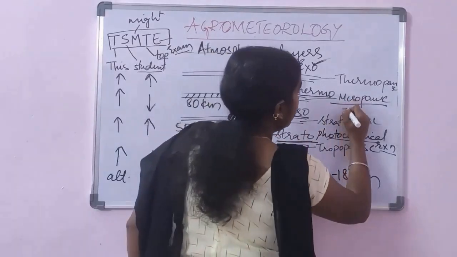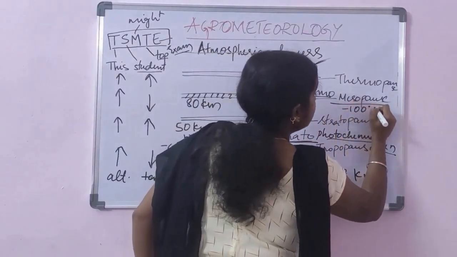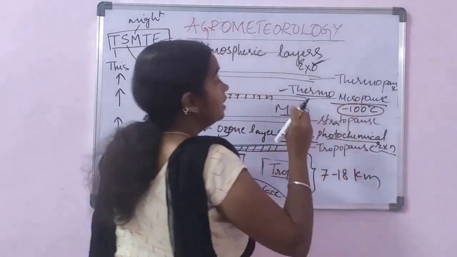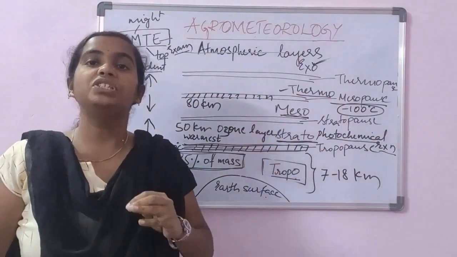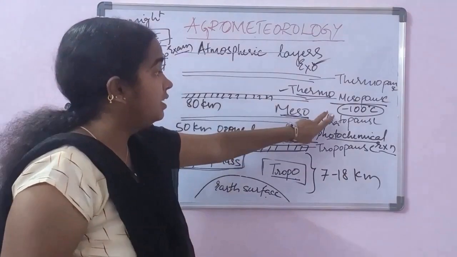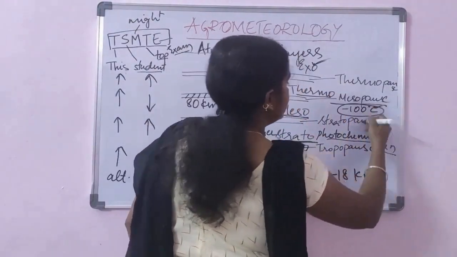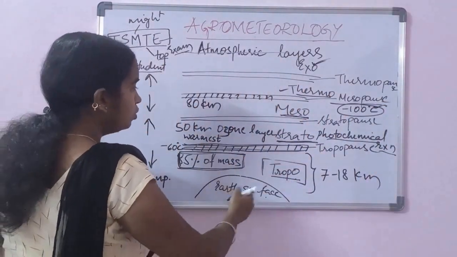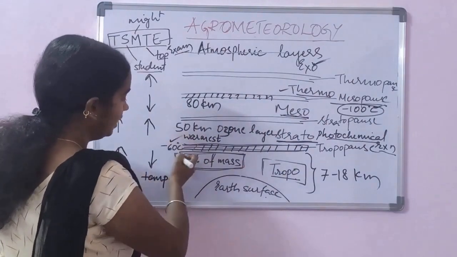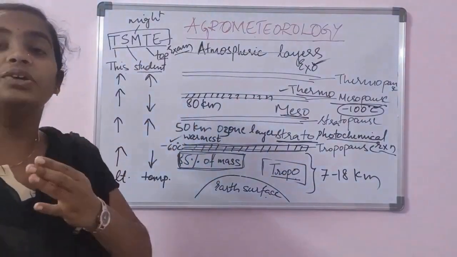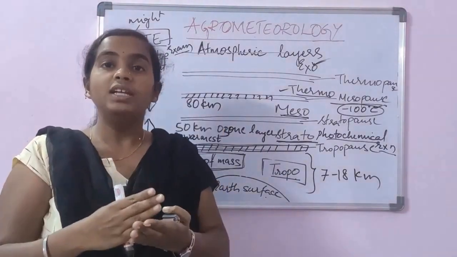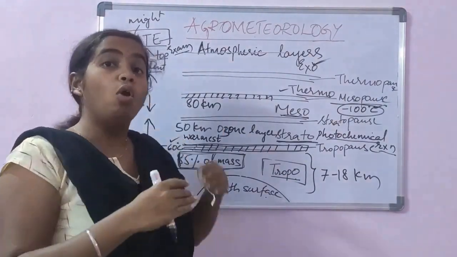The temperature in mesopause is minus 100 degree Celsius. This mesopause is one of the coldest region on the earth. For this, one point you have to remember is the mesopause, and also here minus 60 degree Celsius for tropopause. You should know where the temperature increases, where decreases, and what is the range of temperature in all the different layers.